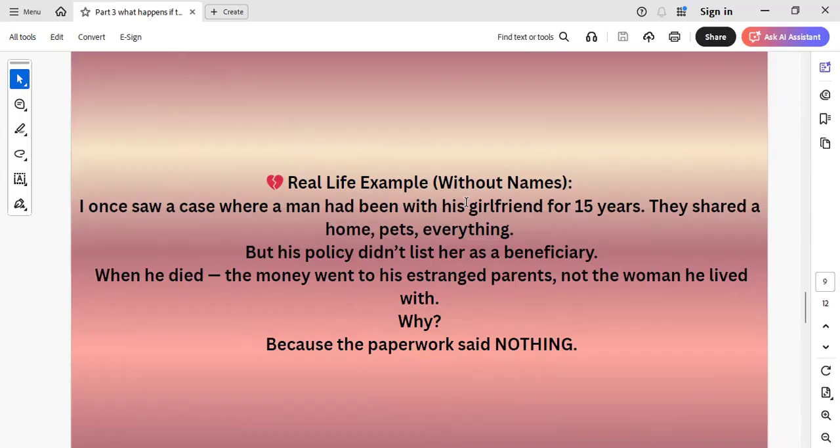They can't get anything unless the significant other lists them as a beneficiary. And if they don't, you're stuck without anything after being with this person all these years. So it's very, very important to make sure someone is listed, because that's a lot more heartache and heartbreak. I mean, it's just a lot.